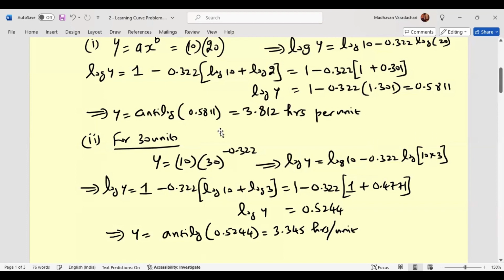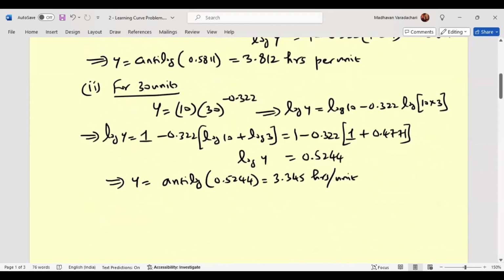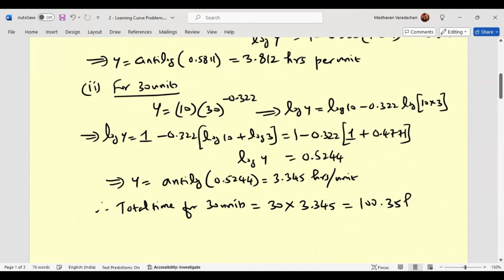But here they had asked us for the total time for 30 units. Therefore, total time for 30 units will be 30 multiplied by 3.345. If we calculate, we will get 100.35 hours.